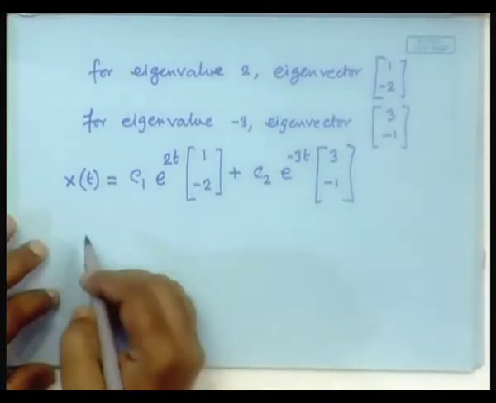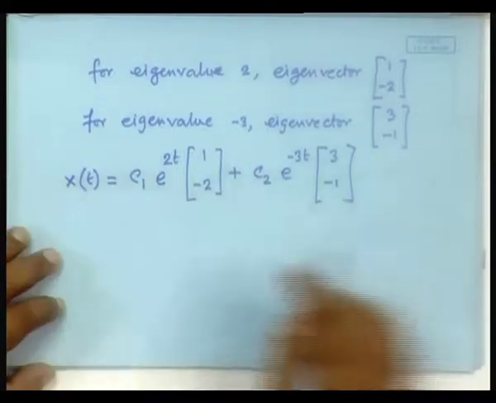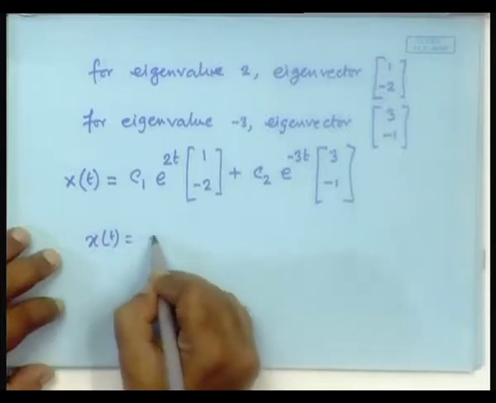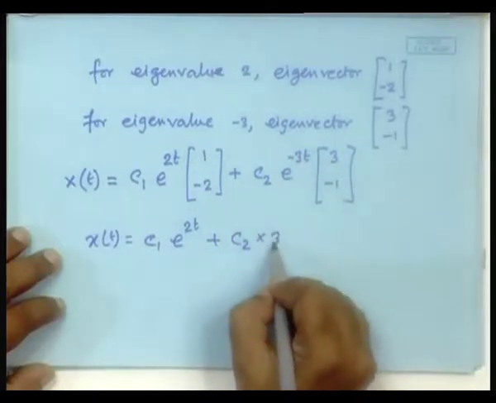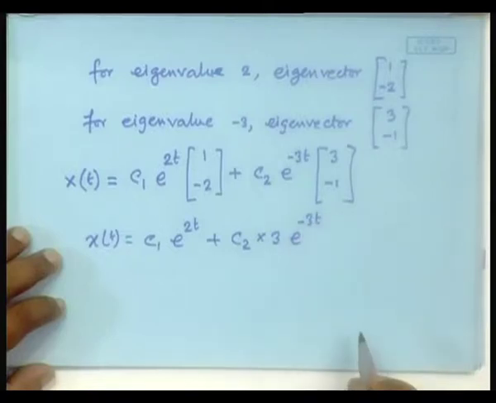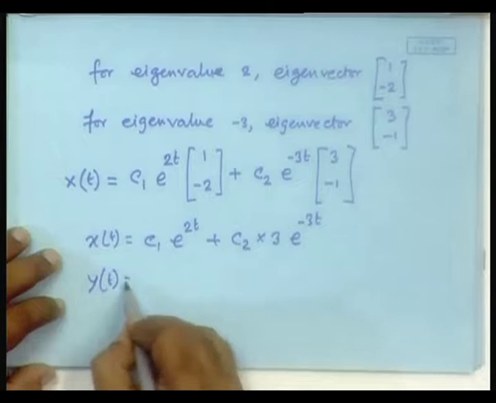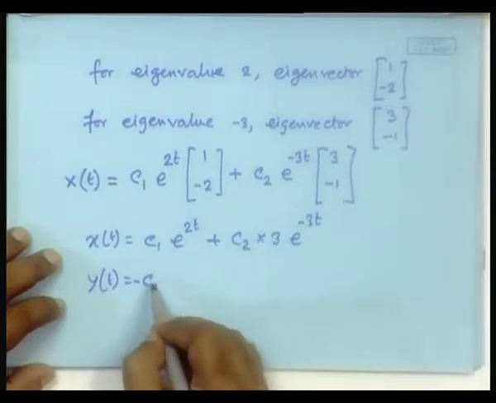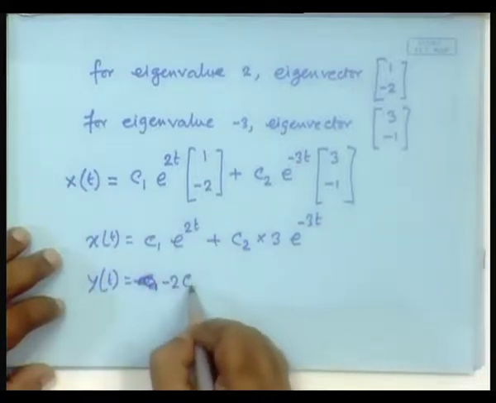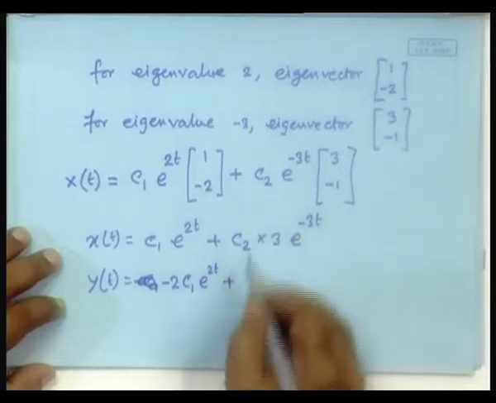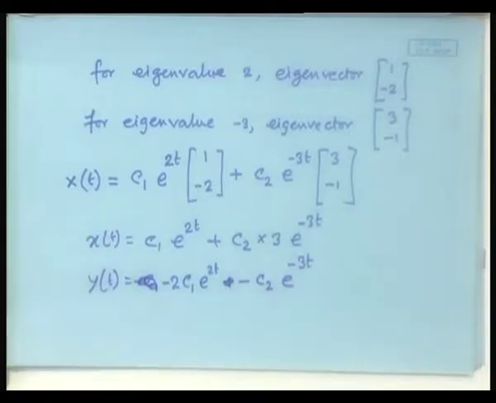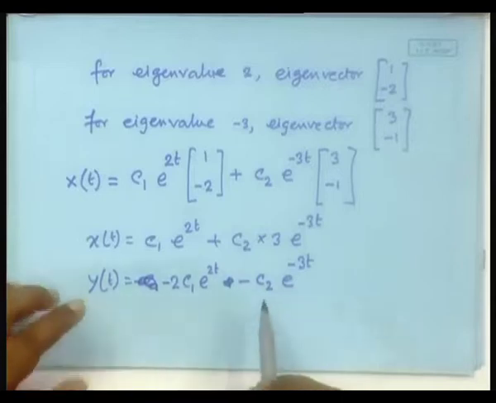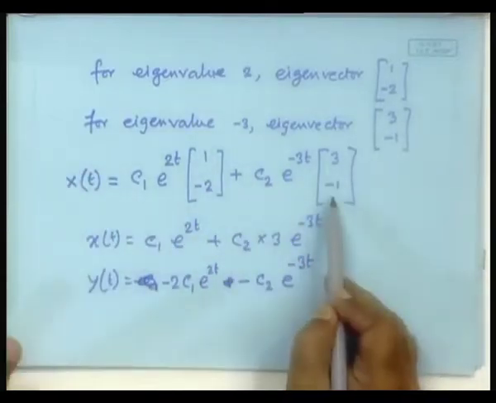Which means, if you write it in individual equation form, x of t is equal to C 1 e to the power twice t plus C 2 into 3 e to the power minus 3 t, and y of t is minus twice C 1 e to the power twice t minus C 2 e to the power minus 3 t, right. So, these are the individual equations, but we would prefer to write it as the vector equation like this, because of some conceptual clarity. I will come to that.